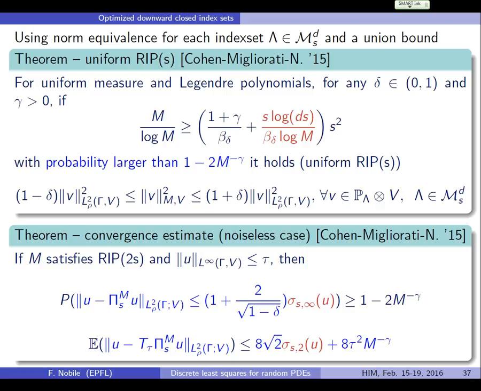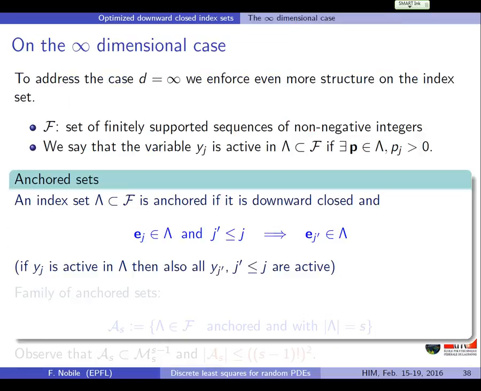So there is still a dependence on the dimension, and now we're looking at how to get rid of this by using this other idea of anchored sets, if you want to work in infinite dimensions. So we say that the set is anchored if the random variables are somehow activated one at a time. So we cannot put polynomials of degree larger than 0 in the 10th variable if we have not already activated the previous 9. So somehow we rely on a natural ordering of the parameters.